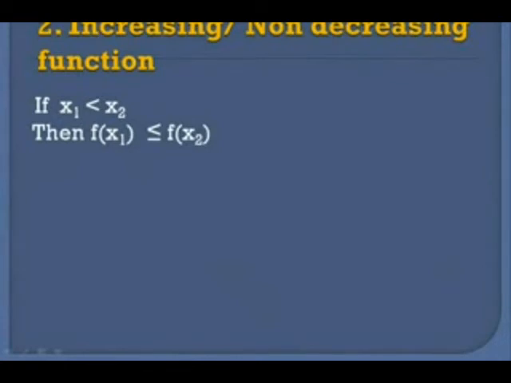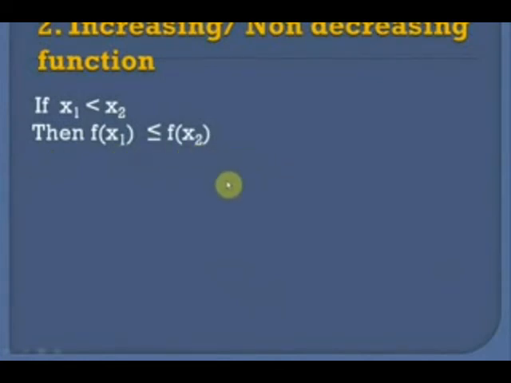This is the same as the strictly increasing function with the exception that there is an equality sign as well. That is, f(x1) is less than or equal to f(x2), but it cannot be greater than f(x2). So for an increasing or non-decreasing function, if x1 is less than x2, then f(x1) is less than or equal to f(x2).